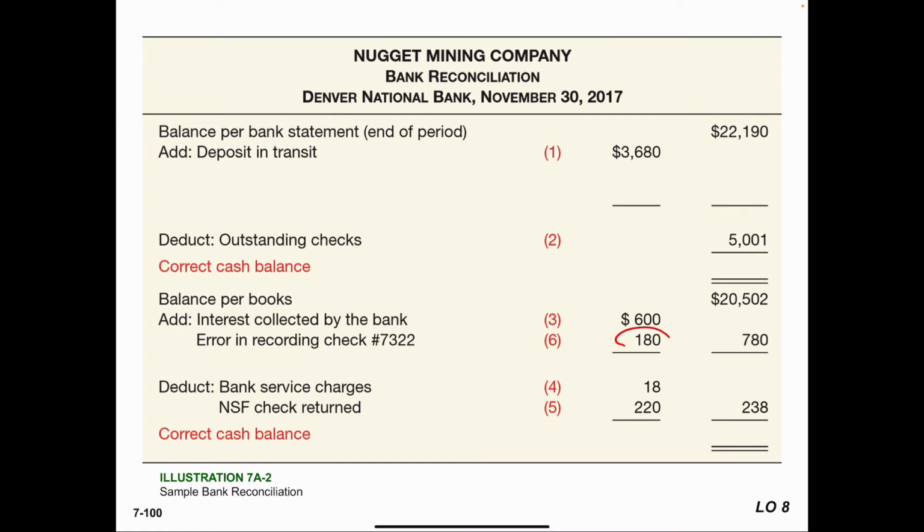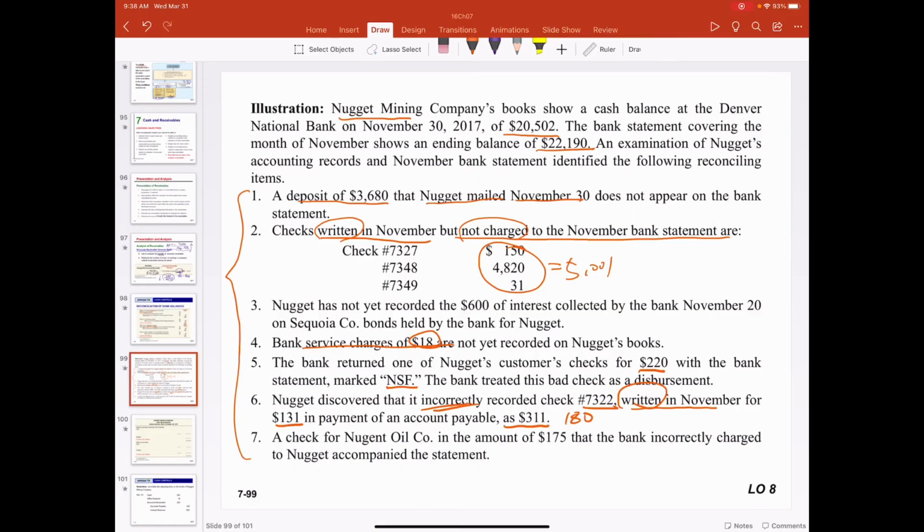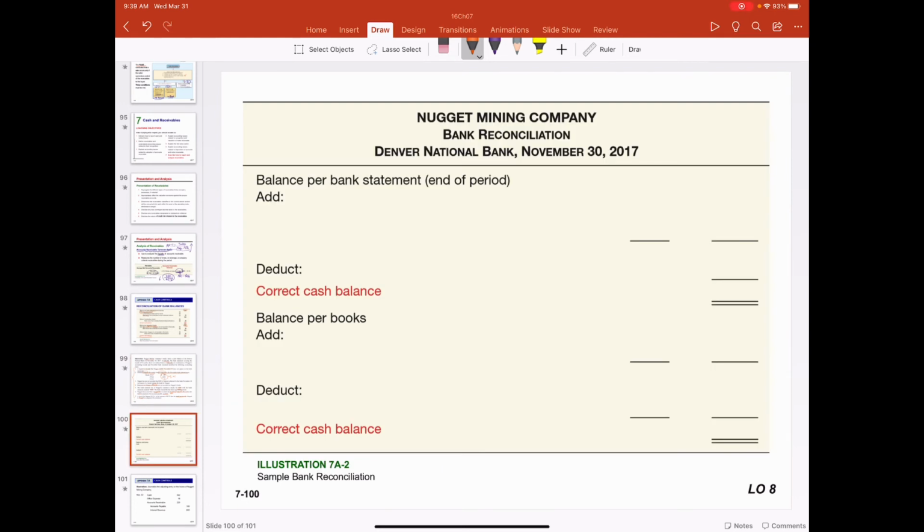firm's book. Okay. The next one is a check for Nugent Oil Company in the amount of 175 that the bank incorrectly charged to Nargate, accompanied by the statement. So this is an error made by the bank. Okay, so this was a deduction by the bank, but actually it was an error, so we should add 175 back to the bank statement.